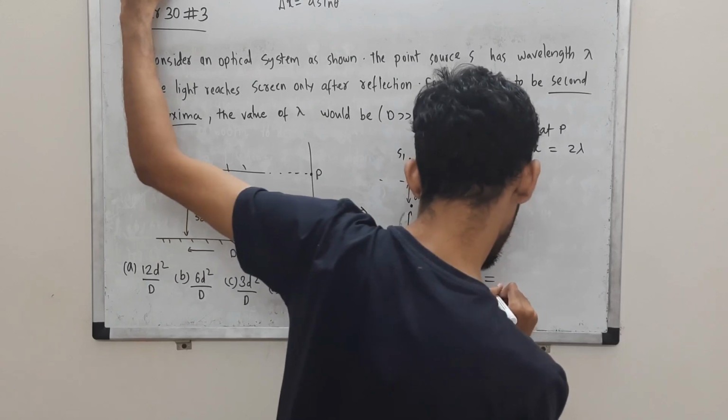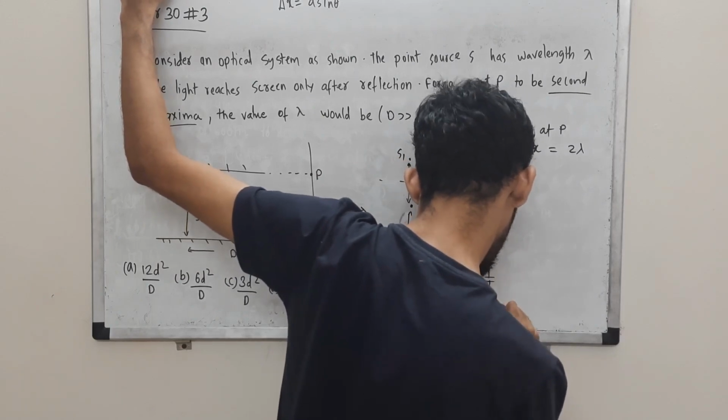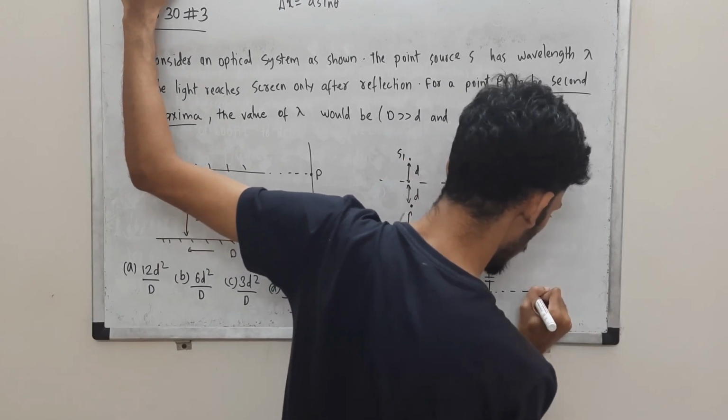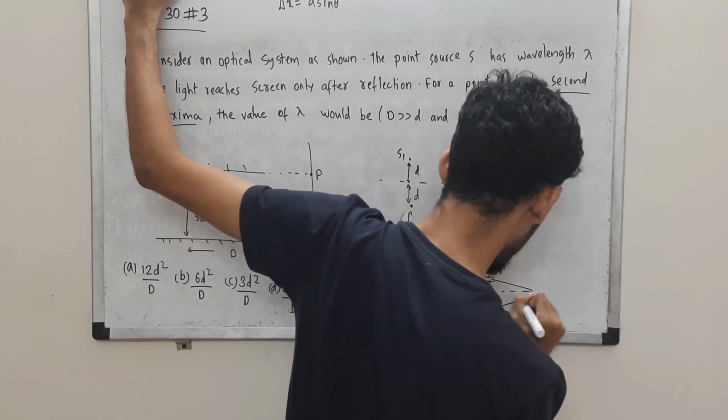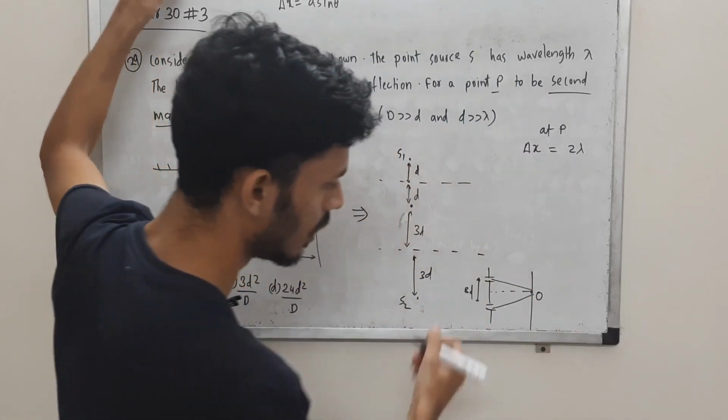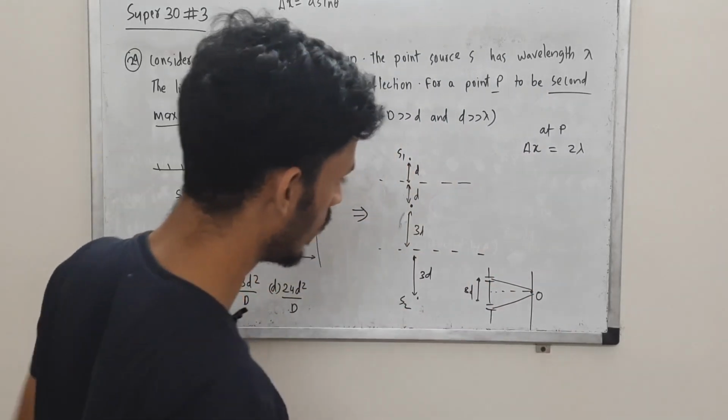So this is the center, the center between the two slits. Here you will have the central maxima, because both path differences will be 0. Both the rays travel the same distance.